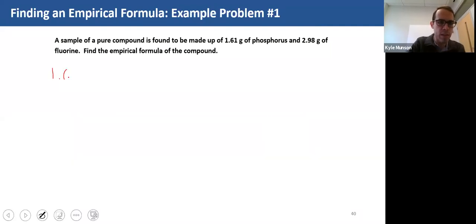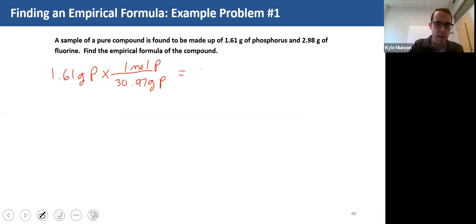So 1.61 grams of phosphorus, and then I'm going to multiply that by the molar mass of phosphorus off of the periodic table, 30.97 grams phosphorus for every 1 mole of phosphorus. When I do that, I get 0.0520 moles of phosphorus.